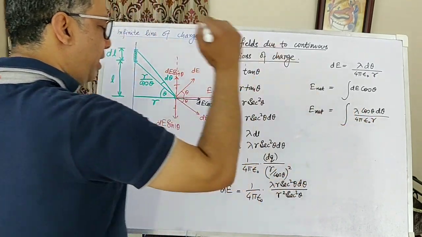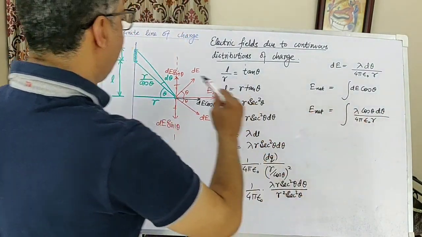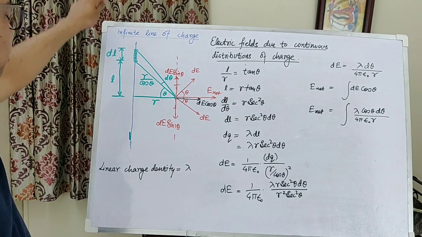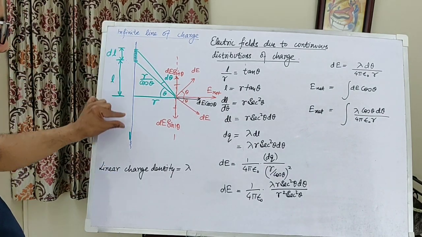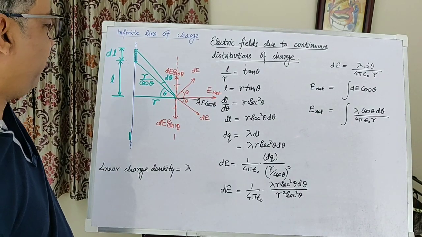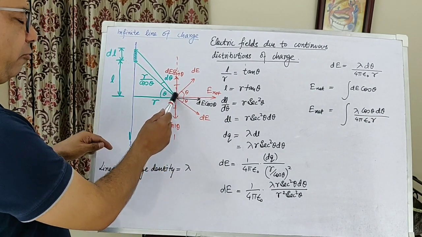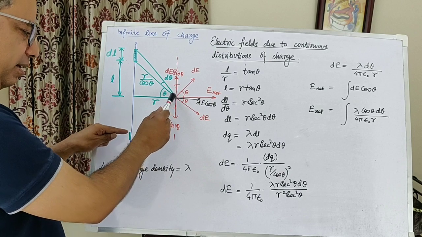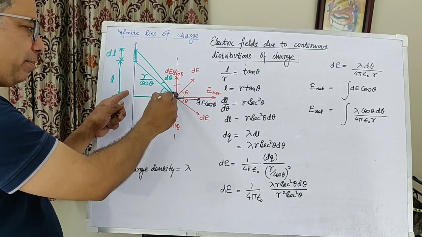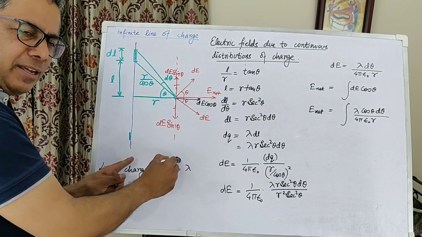The limits of integration now. We have to do a summation for the entire line of charge, so we have to consider elements all the way down from infinity to all the way up to infinity. If I draw a line from here for the element which is at negative infinity below, that line will actually end up being parallel to this line, because only parallel lines go and meet at infinity.